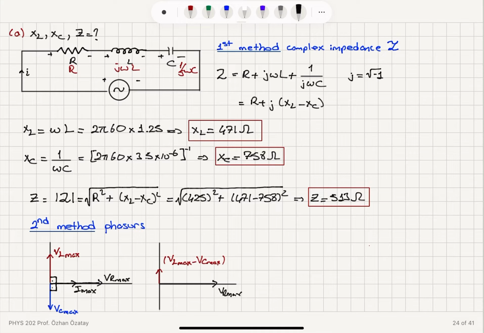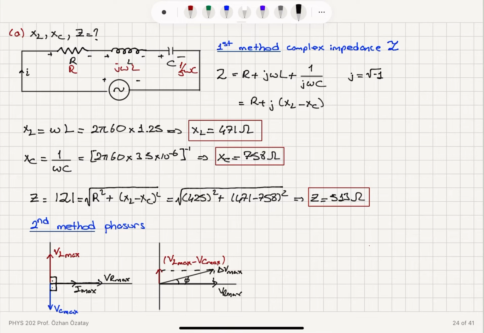In my KVL loop, I can see that these voltages should add up to delta V. So when I perform the addition of these phasors, I'm going to obtain a phasor that makes an angle phi with respect to the current, and it will have a magnitude delta V max. So you can see that the current is lagging behind the AC voltage by an angle phi. It's like drawing these at time t equals 0. So I have I max sine omega t, so that the phase angle is 0.